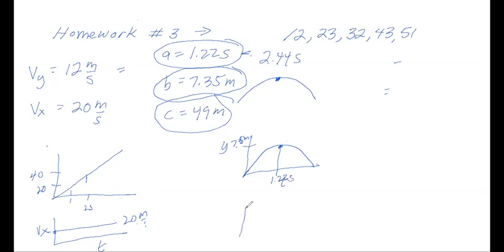And then for my v sub y versus t, it's going to start at 12 meters per second, and it's going to end at negative 12 meters per second. And it's going to just have a straight negative slope equal to negative 9.8 meters per second squared. And there you go. That was number 12.